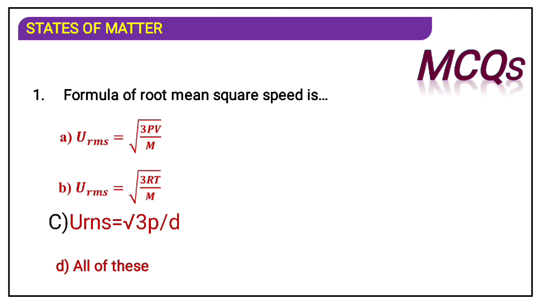The C option is, they already mentioned that either CRMS or URMS we can write, there is no problem. URMS equals square root of 3P divided by d. Which option is correct among these? All of these options are correct.